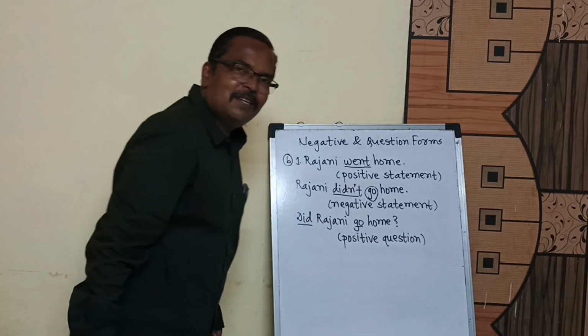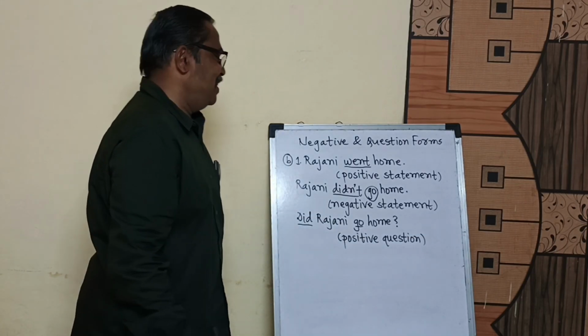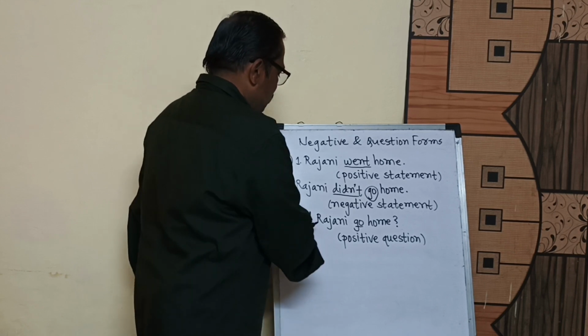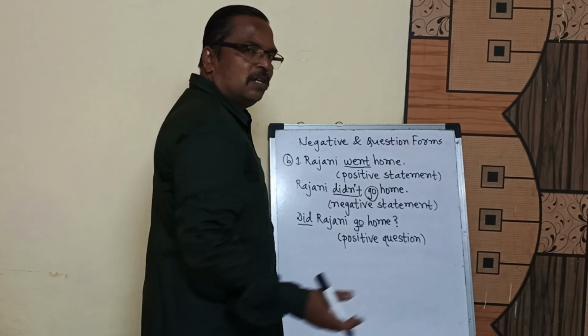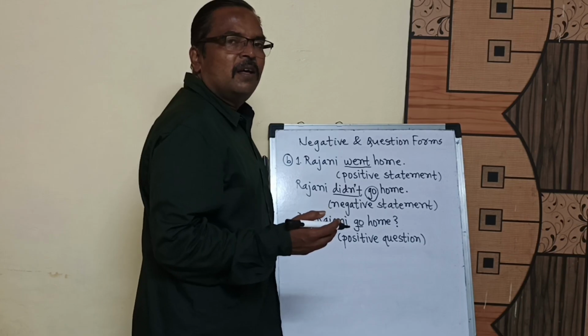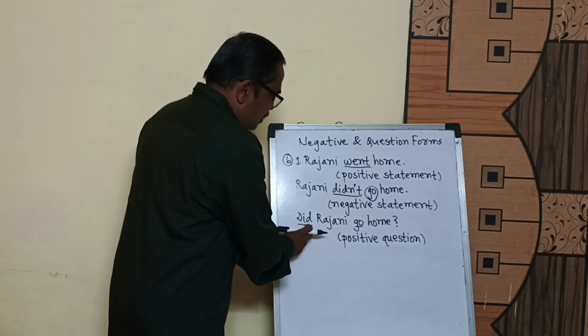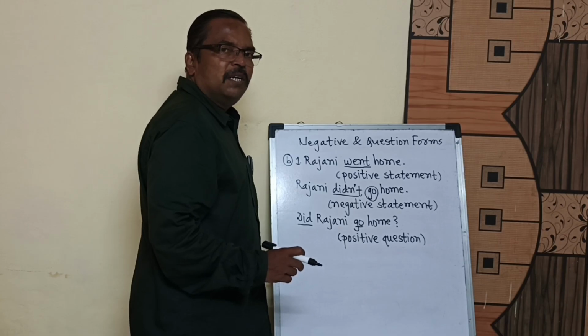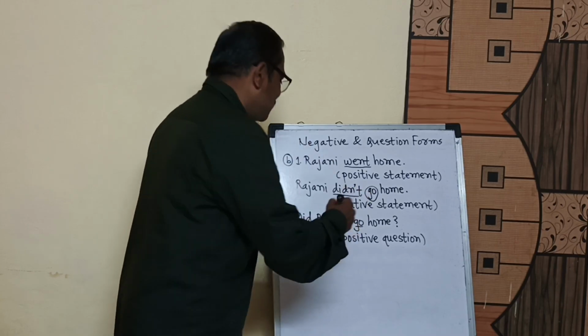Isn't it easy? Yes. Now we are going to turn this positive question into a negative question by turning the auxiliary verb of to do, did, into didn't.